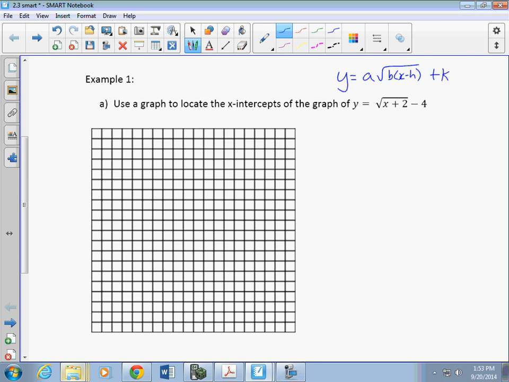So for this one, our a value is equal to 1, b is equal to 1, h is equal to negative 2, and k is equal to negative 4. So from our original graph, remember our parent graph or our basic graph would be this. We're going to apply these transformations.